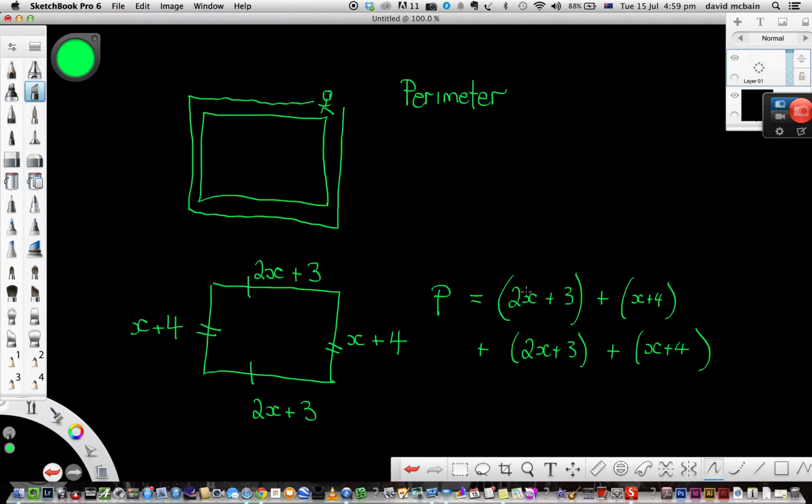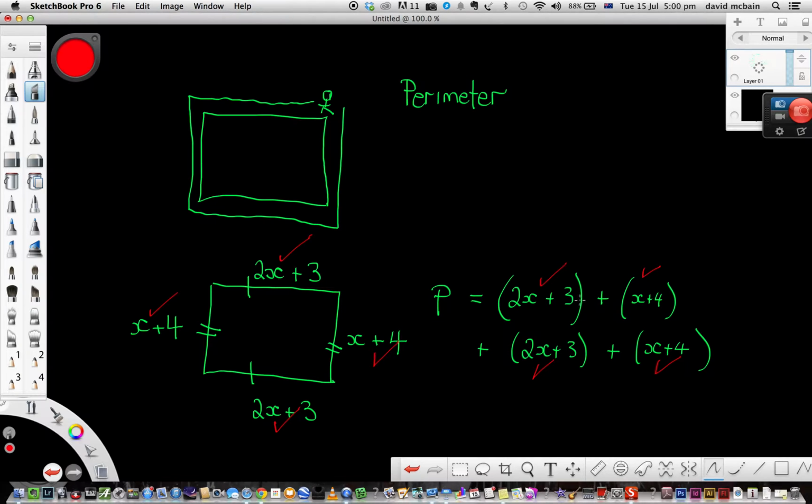So if we change our colour here, 2x plus 3 is that one, then add x plus 4 there, that's that one, 2x plus 3 again, and then finally the x plus 4. Now that's a pretty long way of writing it.